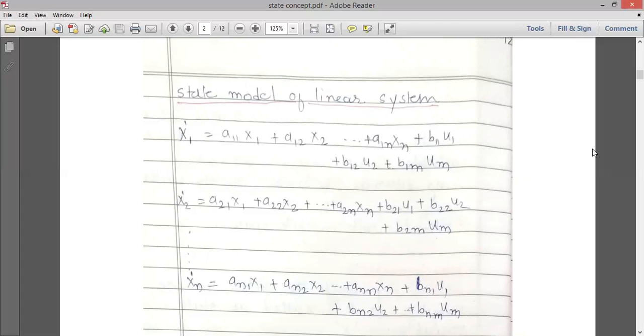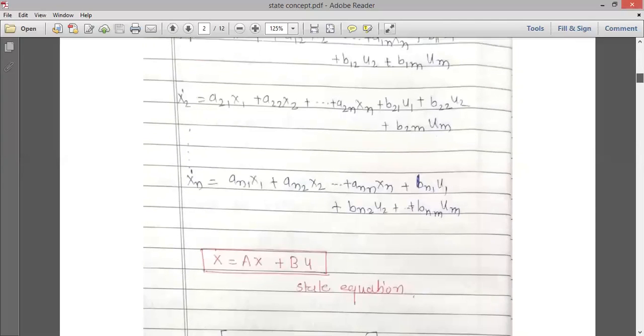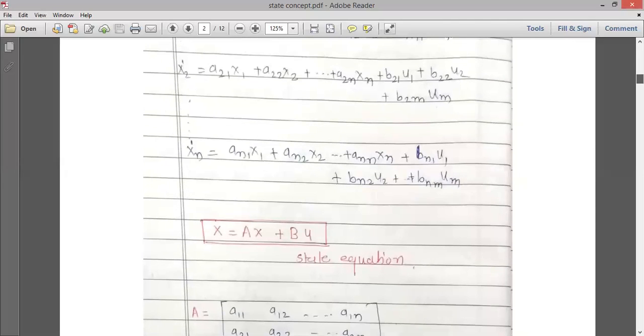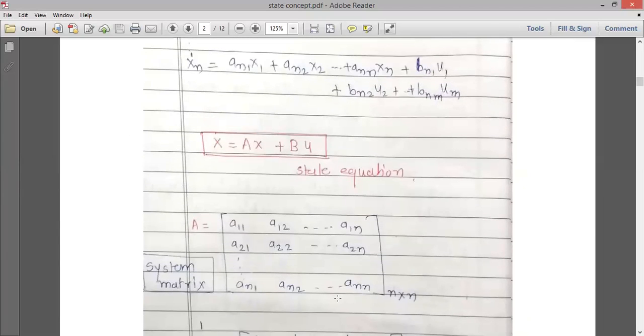The number of variables equals the number of equations, and when we compile them we get the final equation, called the state equation: x dot is equal to Ax plus Bu.